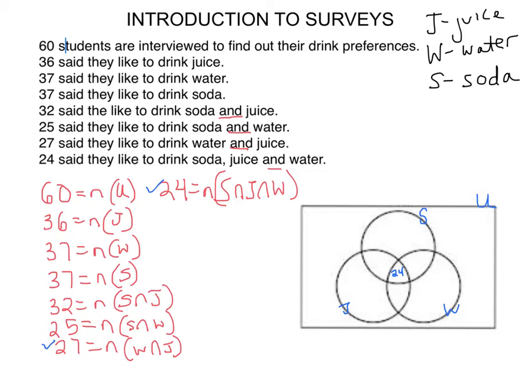Next, we have that there are 27 elements in W intersect J. But when I look at W intersect J, which is this region here that I'm highlighting, I see that there are already 24 elements taken care of. So if I do 27 minus 24, that leaves me with 3 elements here.